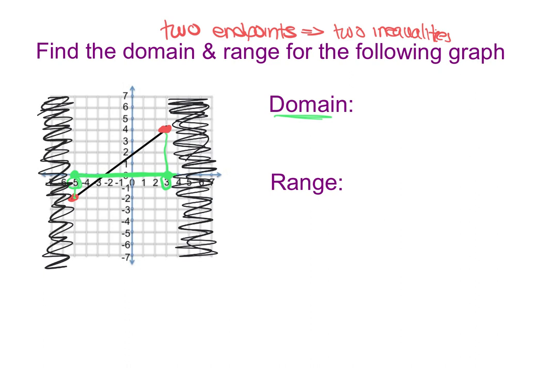We only need the x values sandwiched between -5 and 3 in order to create our line with our two endpoints on it. So if we think about this in terms of a number line, the x values that we really need are sandwiched in between -5 and 3. They start at -5 and then they go all the way up to 3.